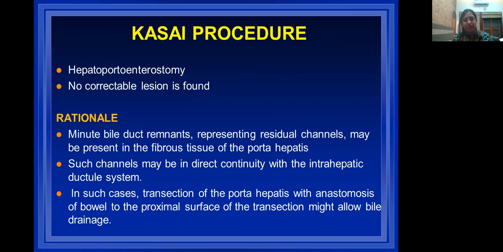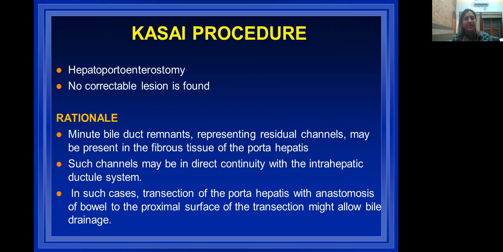Next, coming to Kasai procedure, in the few cases that are correctable, we have to do the Kasai procedure, that is hepatoportoenterostomy. This is done in cases where no correctable lesion is found.